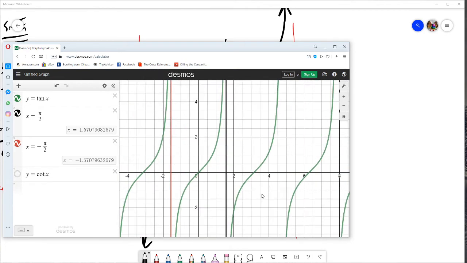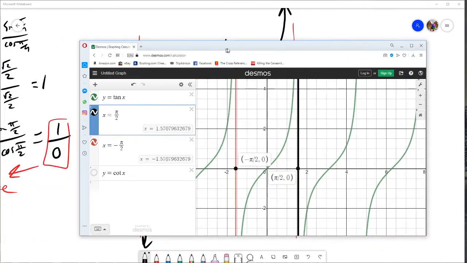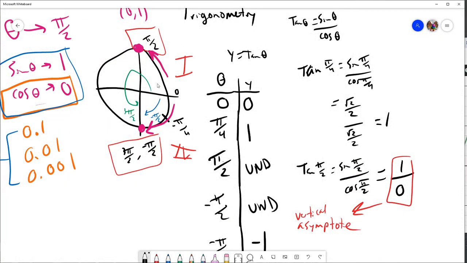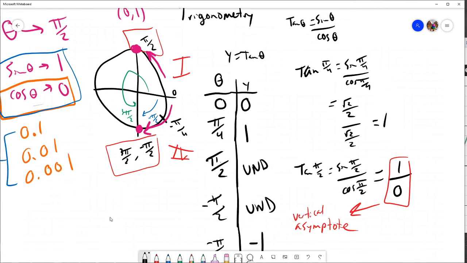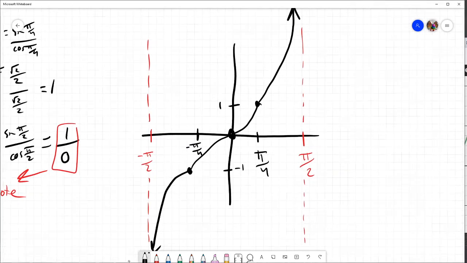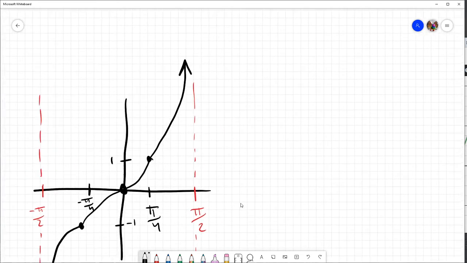In fact, from here to here, that's all going around half of the circle, right? If we get our picture over here, we've only gone around the right half. We haven't even gone around the left half. So what that means is the period is actually going to equal pi. Or if you imagine distance from this asymptote to this asymptote, that's half a pi plus half a pi, or just pi.